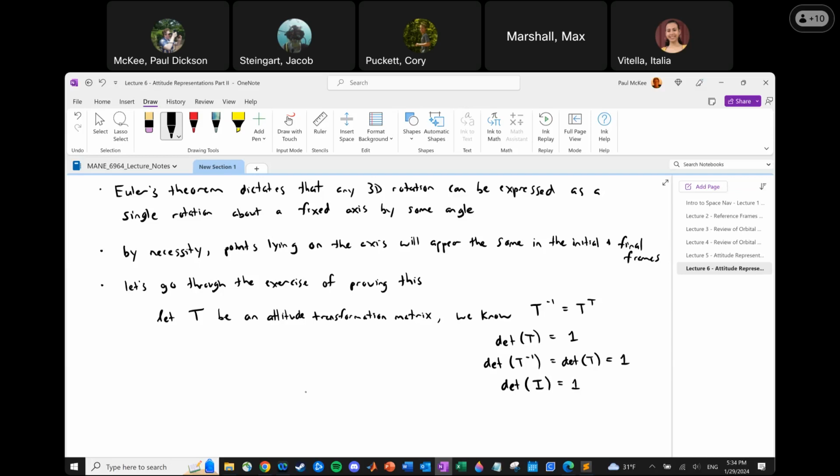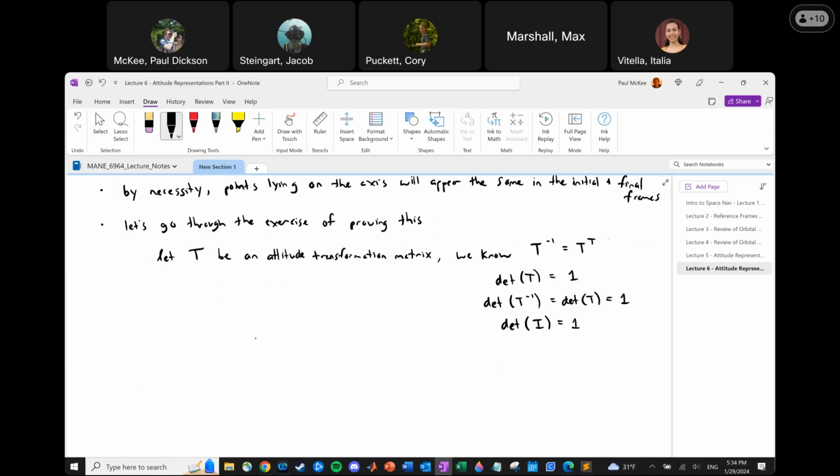Okay, those are all the things that we know beforehand. So here comes our derivation. Derivation is a strong word. The determinant of T minus the determinant of I is equal to 0, which is really to say 1 minus 1 equals 0.